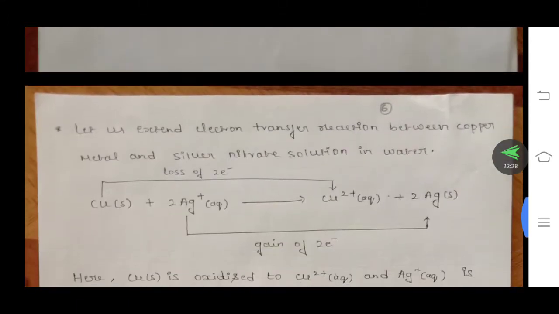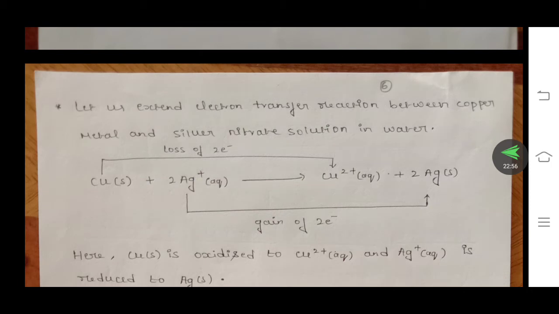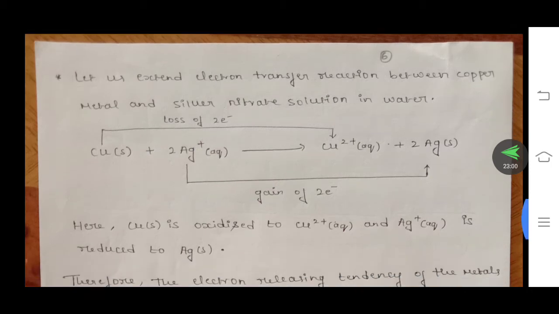Next, let us extend the electron transfer reaction to copper metal and silver nitrate solution in water. Same type of reaction, but here we are using different metals. Copper solid + 2Ag+ gives Cu2+ + 2Ag. Here copper is losing electrons and Ag+ is gaining electrons.